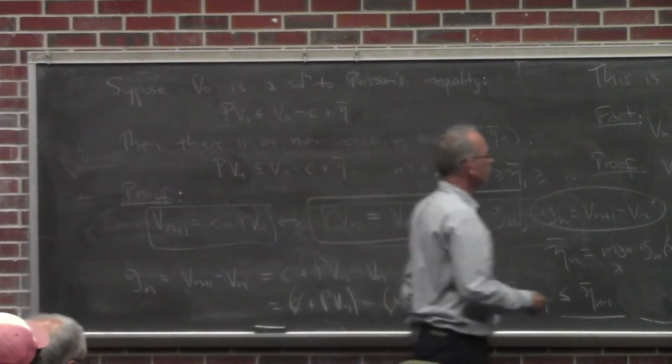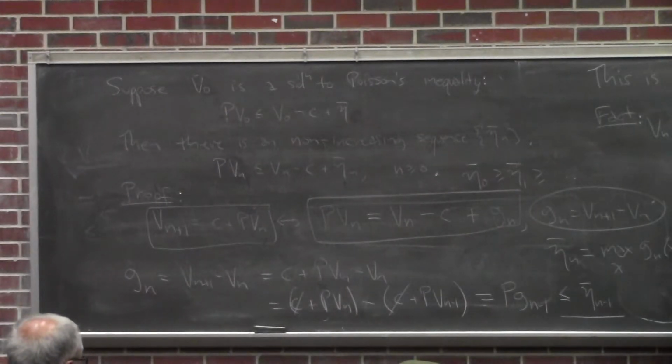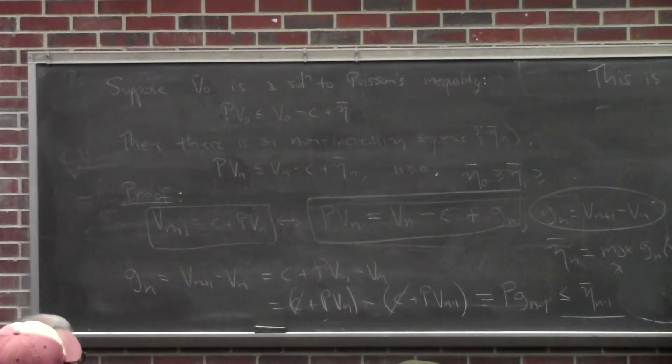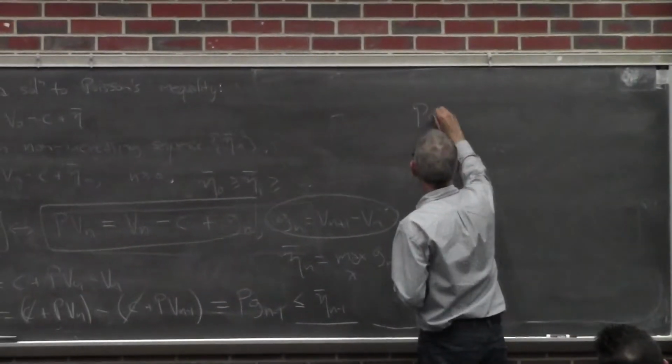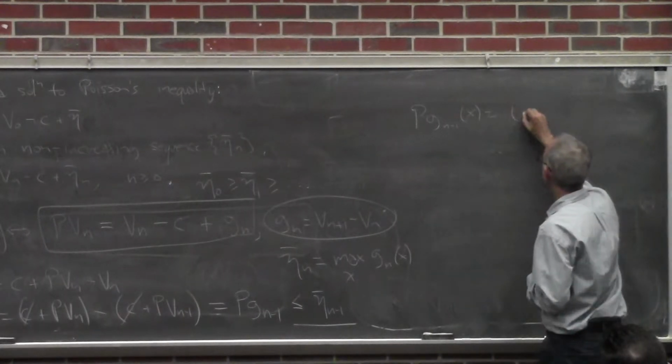Well, we can go through and be explicit about it. Yeah, absolutely. What you said is absolutely true. I mean, P G_{n-1}. I left out the x's, but who cares?